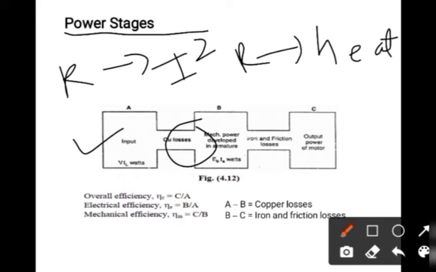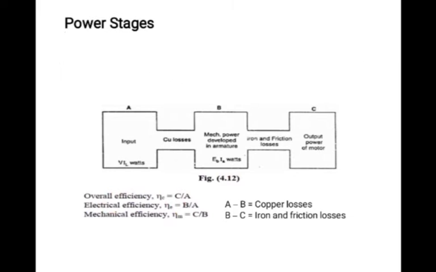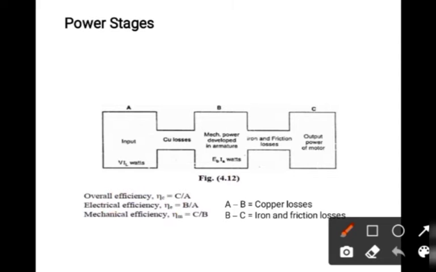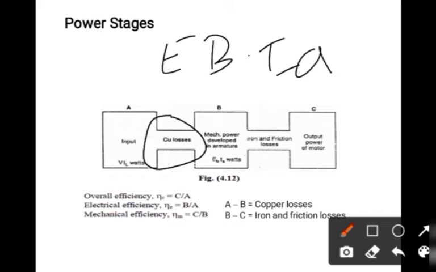Now, after overcoming the copper losses, the remaining power is available to the armature, and this power is given by EB into IA. Means in the second block, in B block, electrical energy is converted into mechanical energy, and it is calculated as EB into IA.